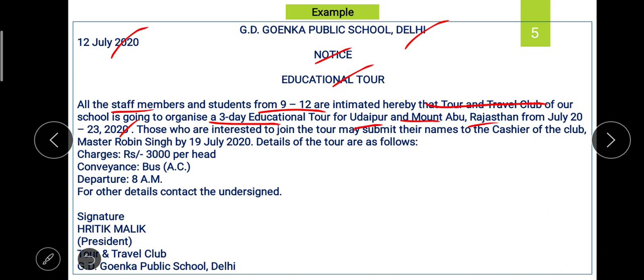And those who are interested to join the tour may submit their names to the cashier of the club, Master Robin Singh, by 19th July.